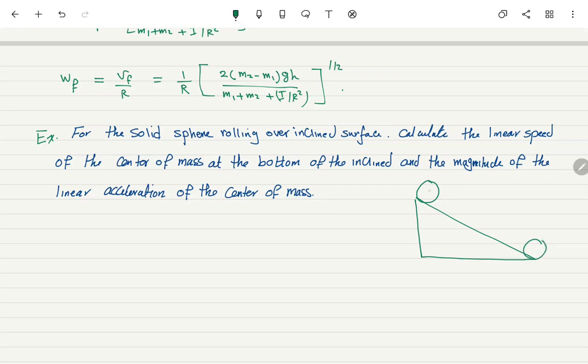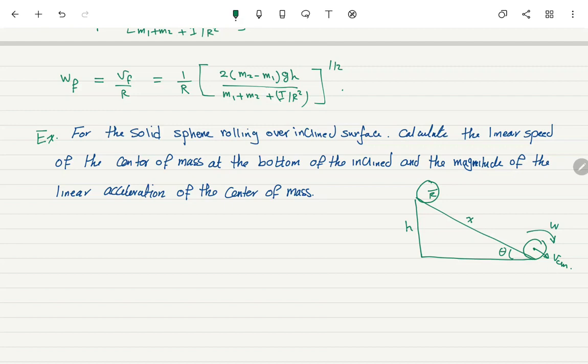Here, the radius for the sphere is equal to r, and again it's solid sphere and it's rolling. Now, since it's rolling, it has angular velocity as in here, and this is the center of mass, v center of mass here. So the distance here, this is x and this is theta, and the height for this inclined surface is h.